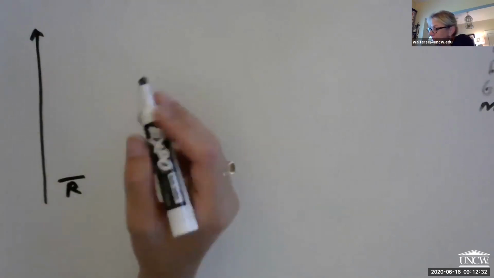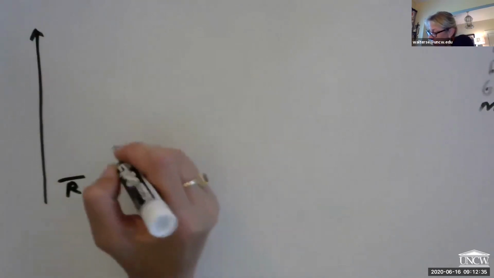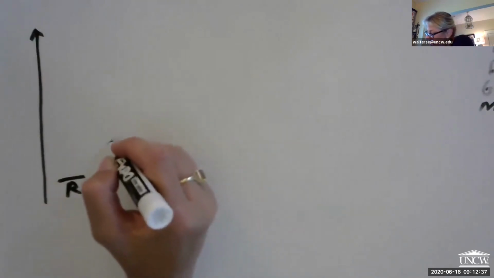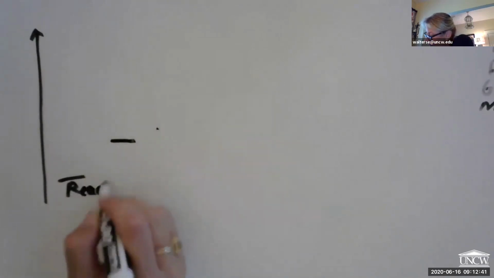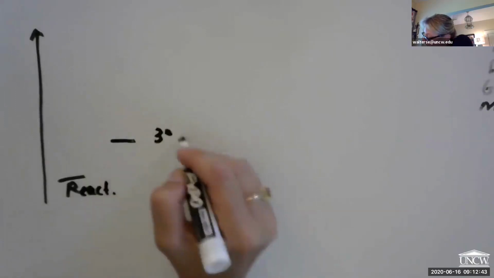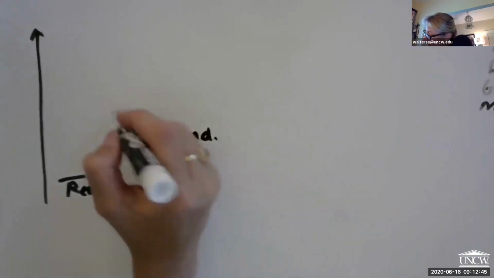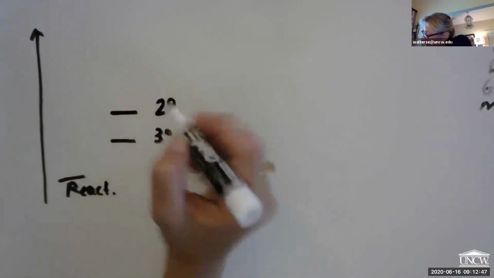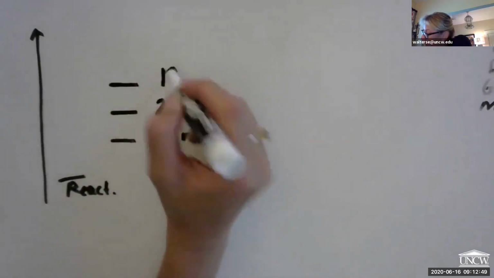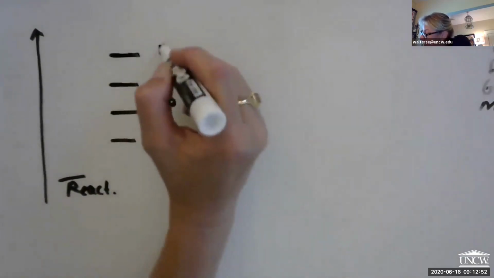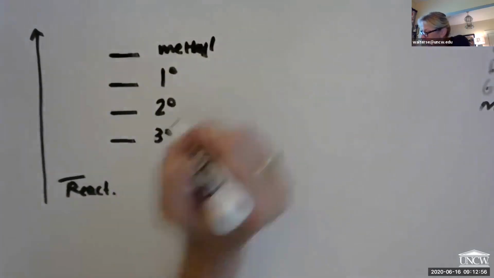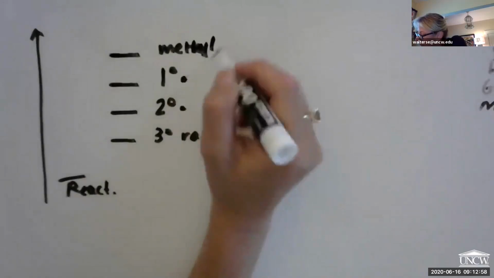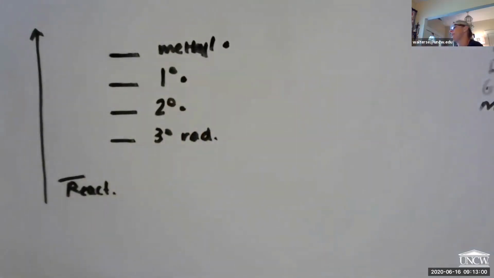And just for the sake of argument, we'll use the tertiary radicals and so on. So the tertiary radical, these are reactants, and is more stable than a secondary radical, which is more stable than a primary, which is more stable than a methyl. That's the lone electron. Okay.